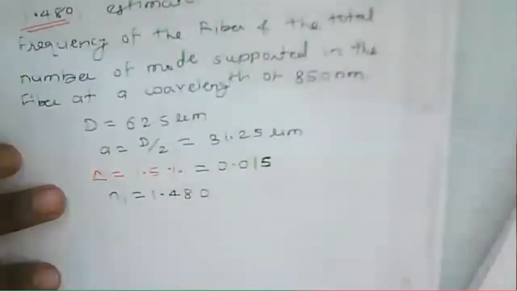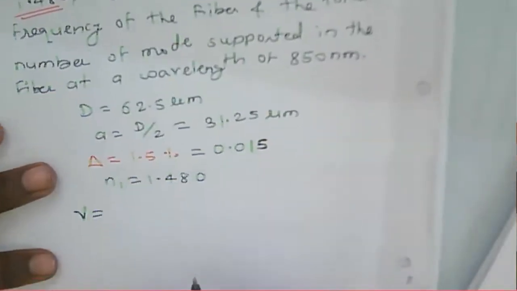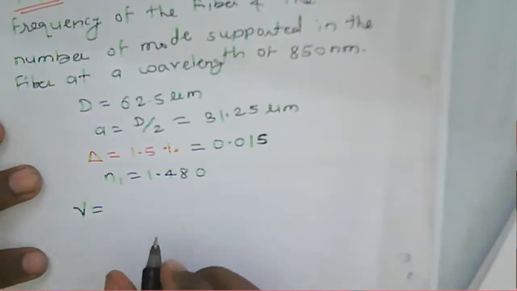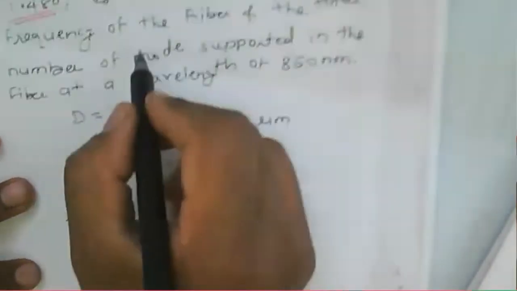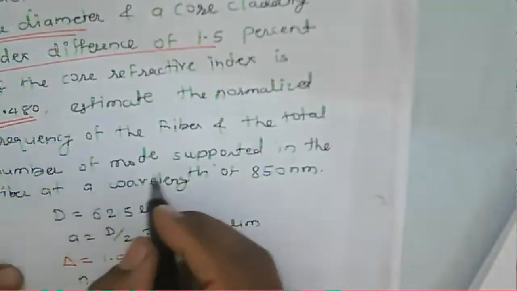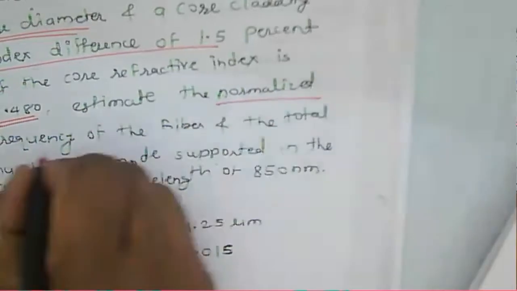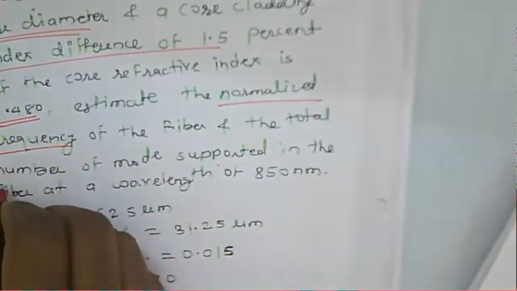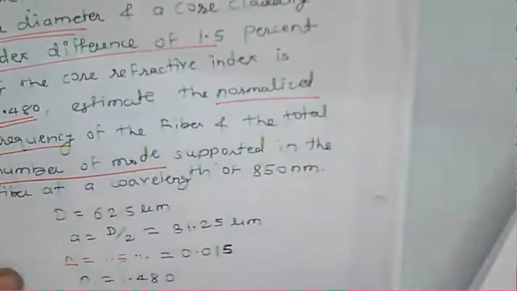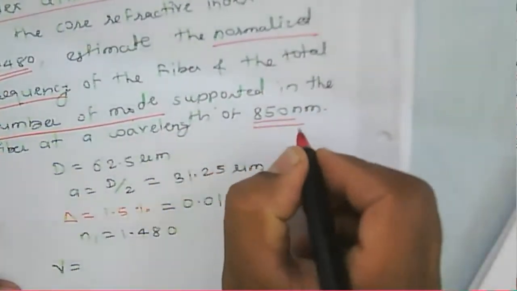Estimate the normalized frequency means we need to find the value of V, and the total number of modes supported in the fiber, at a wavelength of 850 nanometer.